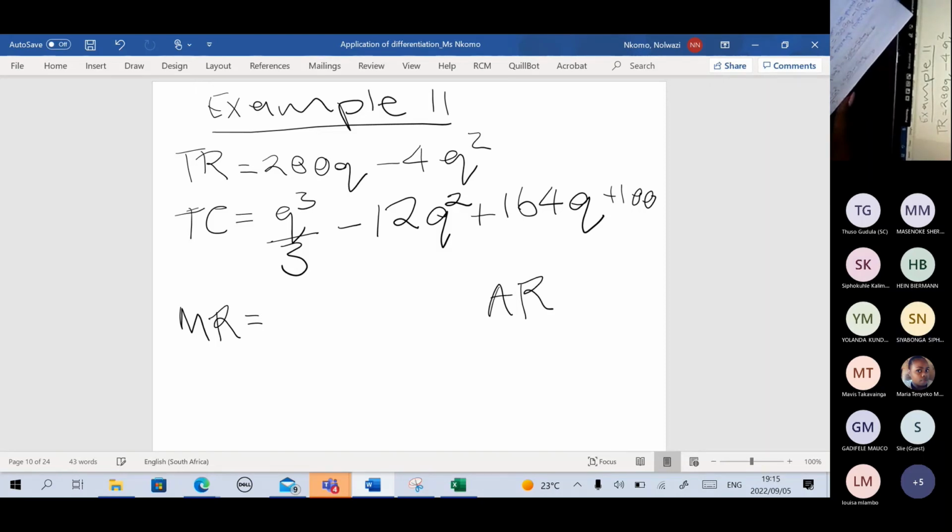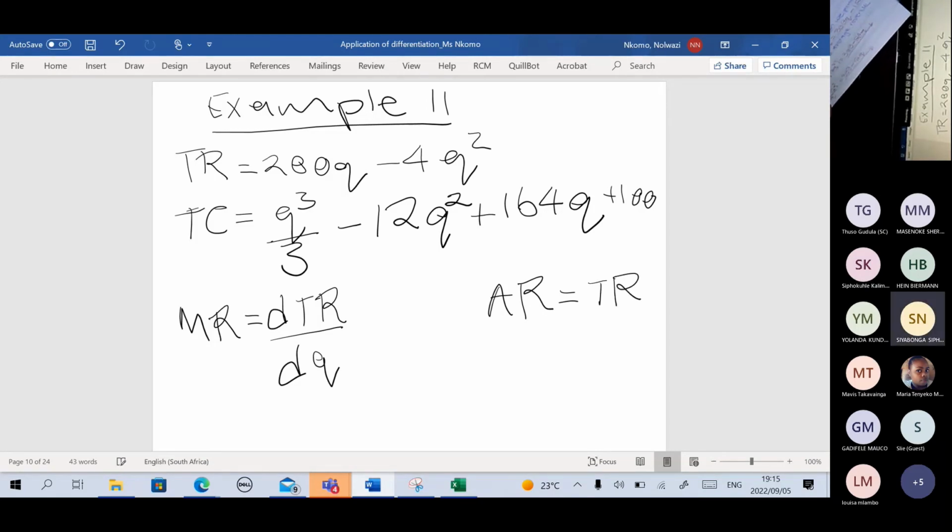We know that the marginal revenue is equal to the derivative of total revenue with respect to Q, and the average revenue is equal to total revenue divided by Q. Right? Yes. Okay.